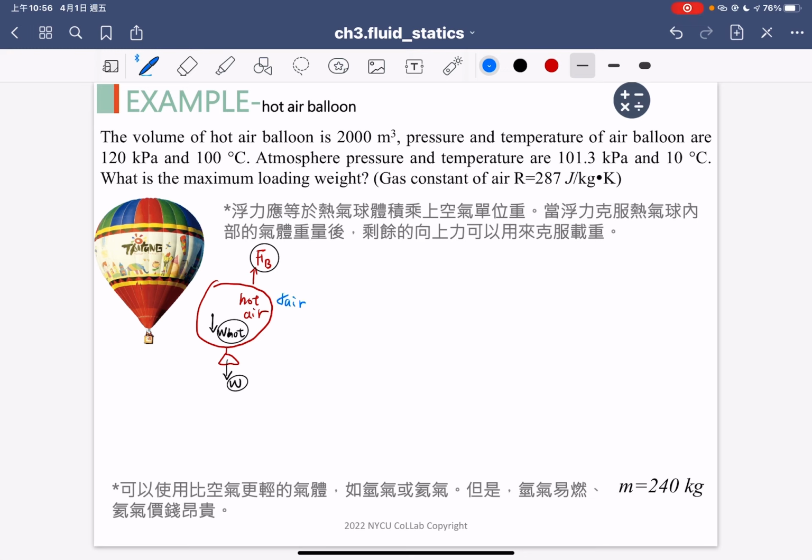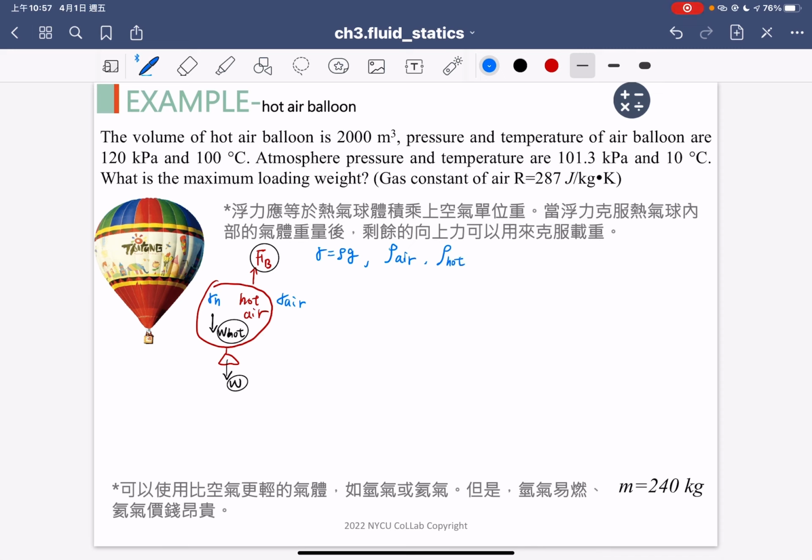We need to know the environment gamma for the air, and then we need to know the gamma of the hot air inside. So we know the gamma is equal to rho G. And for the air, the density will change because the air can compress. Okay, so we need to find two important parameters. First one is the density of the air. The second is the density of the hot air.